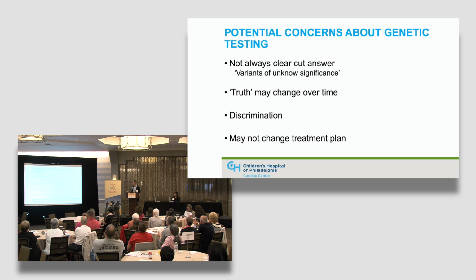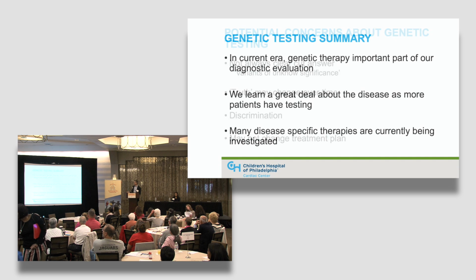Some people are worried about discrimination. Will I lose health insurance? Or will my children not be able to get health insurance if they have a positive result for this? This should not happen. There is a Genetic Information Nondiscrimination Act, but that is a concern. And today we may get the results, but not have the ability to change the treatment plan or not have the knowledge of a disease-specific therapy.